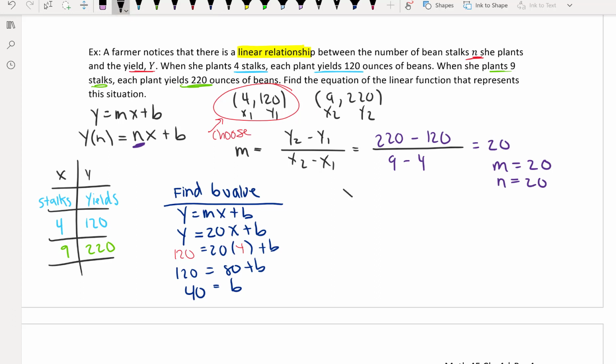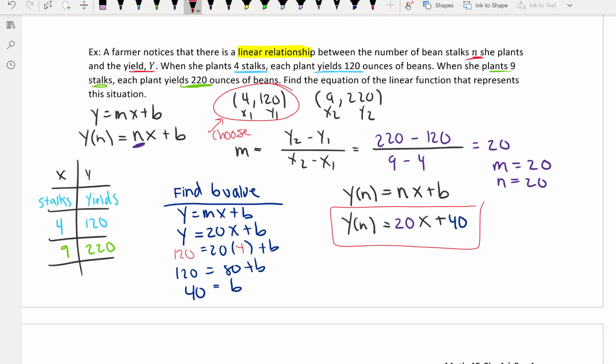Remember, your goal is to write it as y of n is equal to nx plus b. So y of n is equal to your 20x plus your b value, and your b value here is 40.